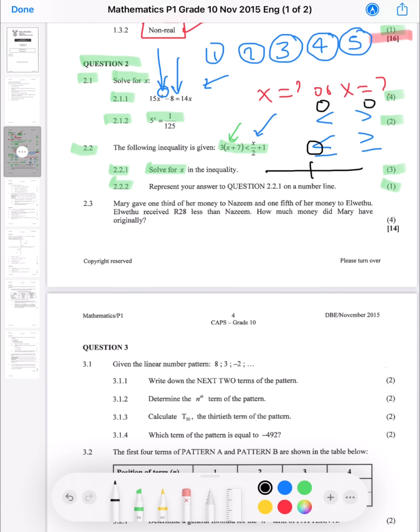If it's less than or equal to, it's a circle, then you shade it inside. Then based on your final answer, you might find that you have 2 values of x or you have 1 value of x. If you have 2 values of x, then you might also need to have another number over there. Then it's just a matter of you having the lines either in that direction, or like that. It all depends on your final answer.